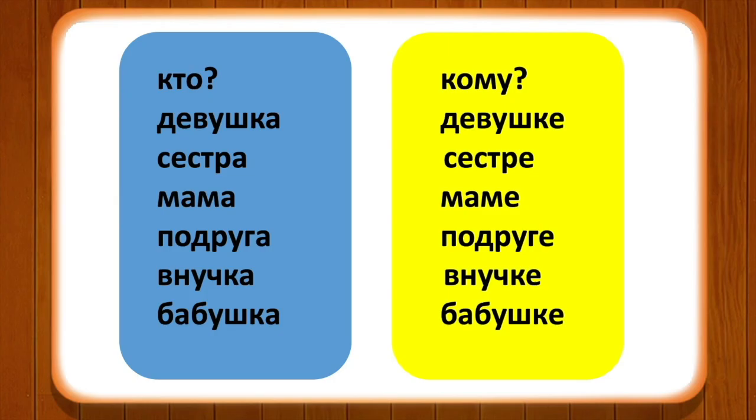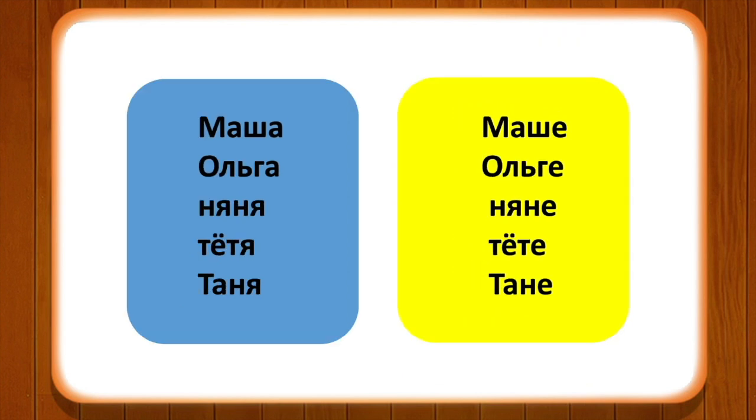They change as per the rules of the dative case: девушка changes into девушке, сестра into сестре, мама into маме, подруга into подруге, внучка into внучке, бабушка into бабушке, Masha into Mashe, Olga into Olge, Nyana into Nyane, Tyocha into Tyoche, and Tanya into Tane.